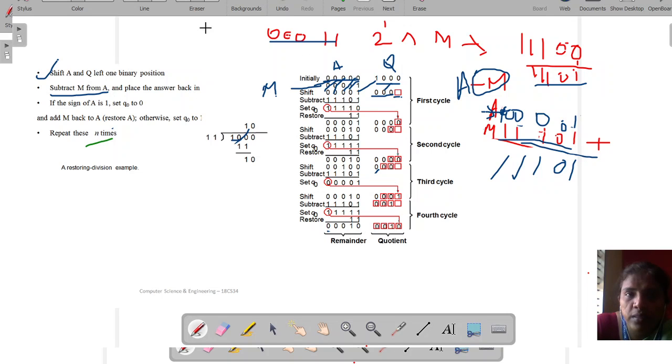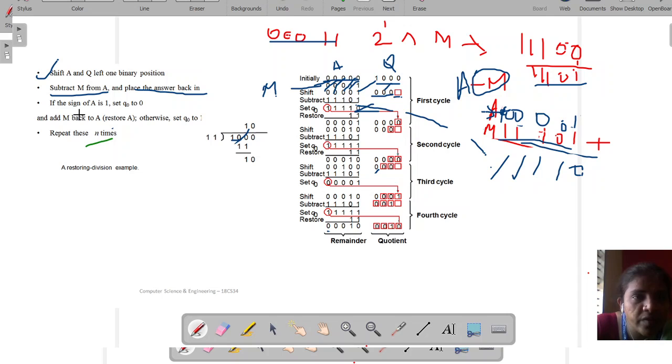I'm sorry, I made a little mistake here: 1 plus 1 is 0 and carry 1. This is the A minus M result, where you have to place the answer back into the register A. That is what it says. Place the answer back in A.